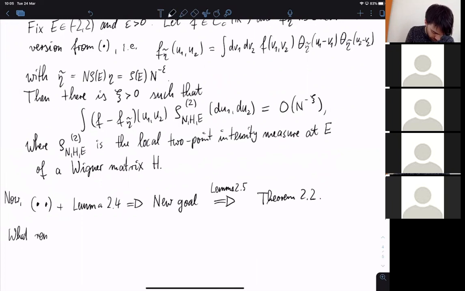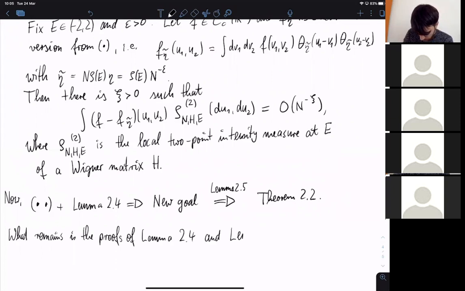What remains is the proofs of lemma 2.4 and lemma 2.5.